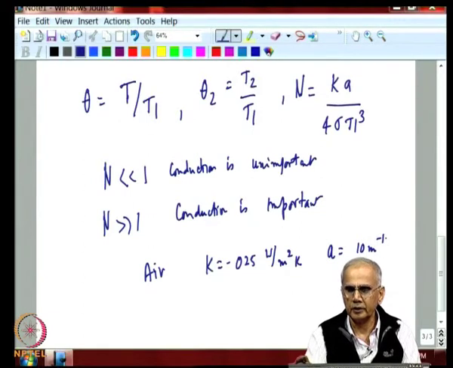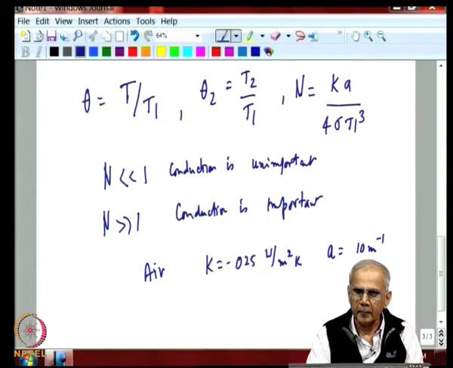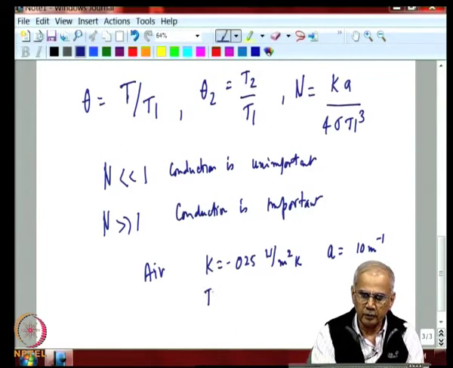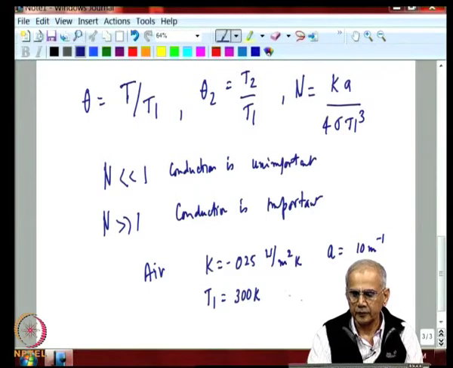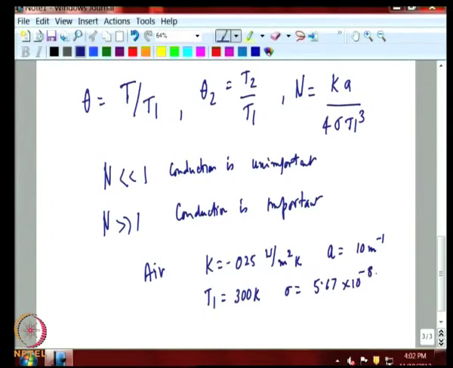This is just an example, not to be taken seriously. And let us say you are looking at a phenomenon around room temperature, let us say 300 K. Sigma we know is 5.67 times 10 to the minus 8 watts per meter squared Kelvin to the power of 4.